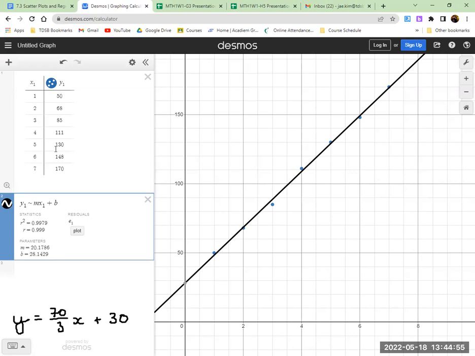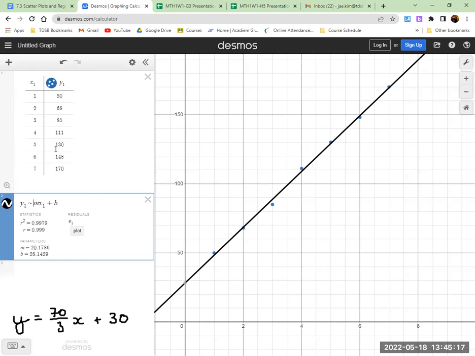That's immaculate. Real life data will never get you 1. So 0.999 is almost perfection. In other words, it's a very, very strong positive relationship. What's the slope? About 20. And what's the b? 28.1.